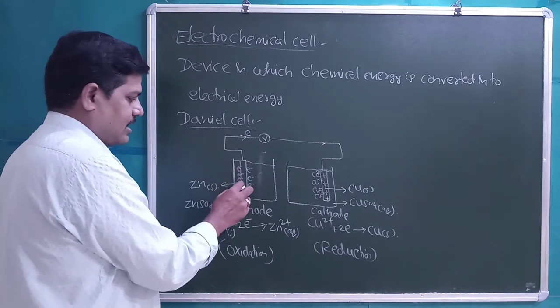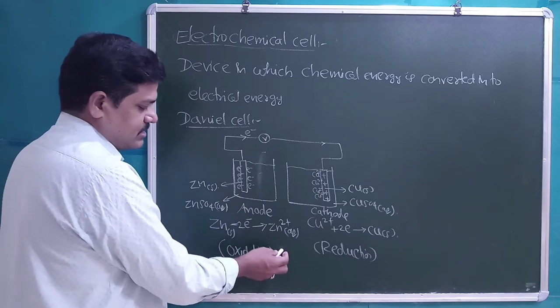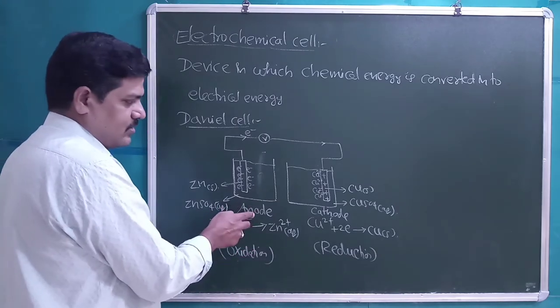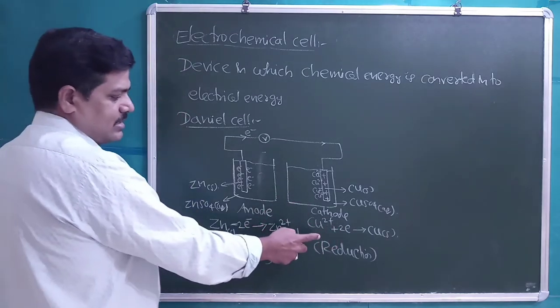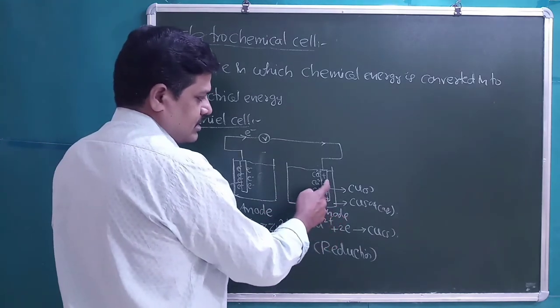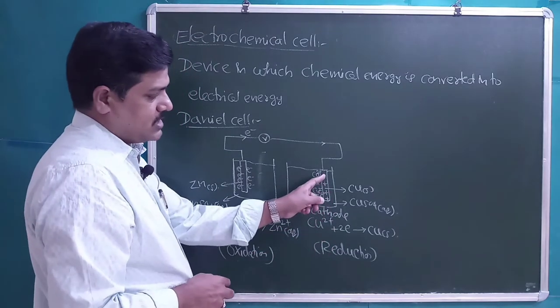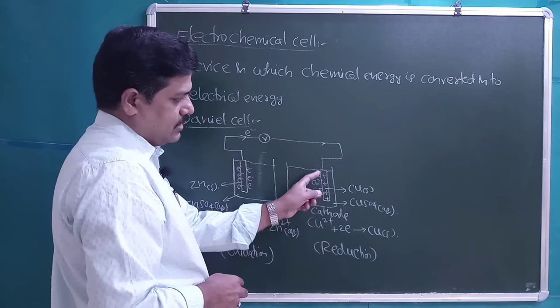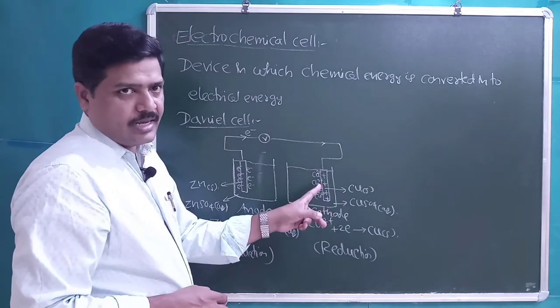Oxidation takes place on the zinc electrode, so it is the anode. Reduction takes place at the copper electrode, so it is the cathode. But the charge on the cathode is positive because Cu2+ ions which are ready to take the electrons from the external circuit give the electrode a positive charge.